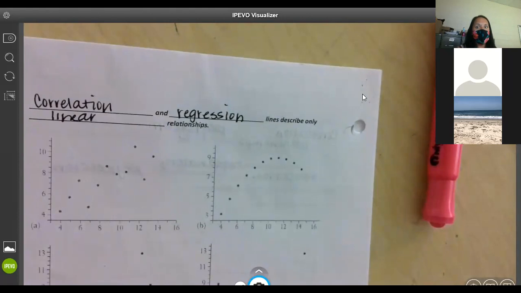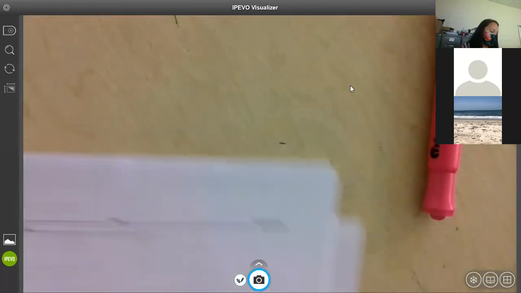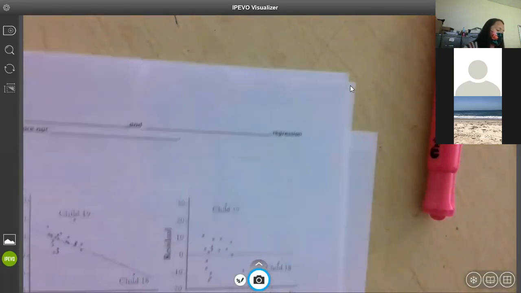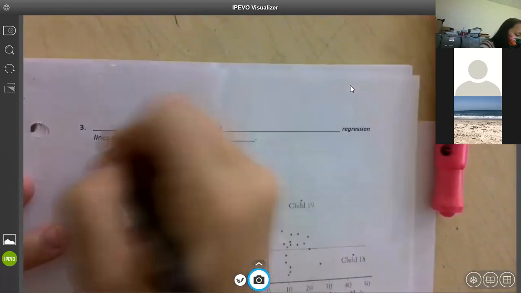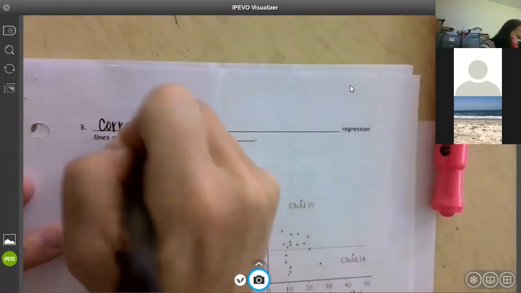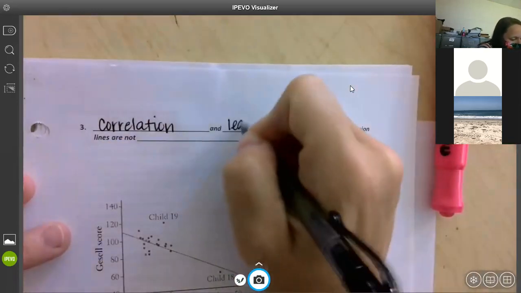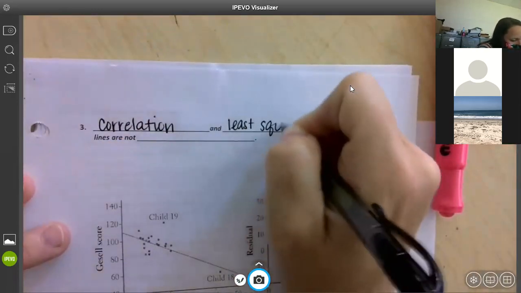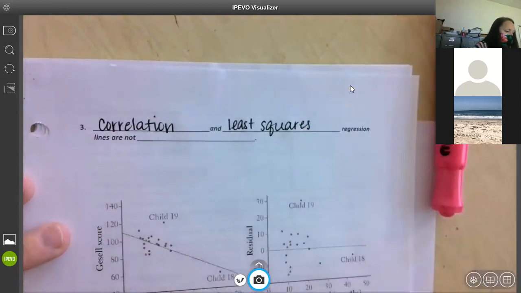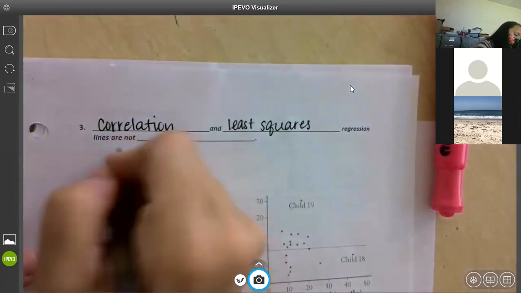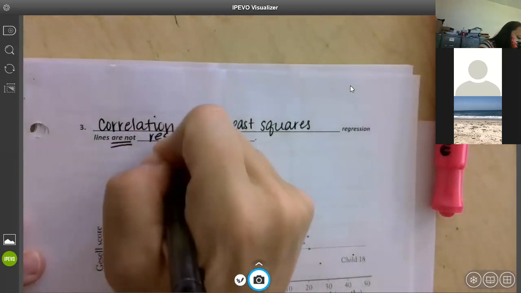All right. Number 3, correlation and least squares regression. Lines are not resistant.